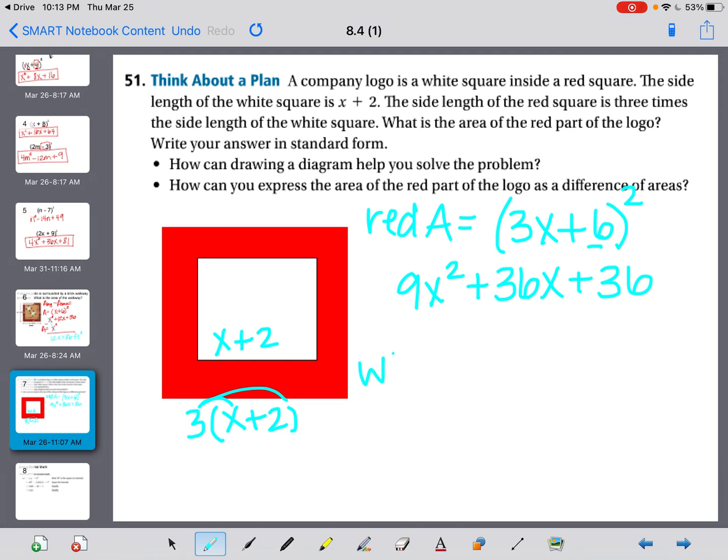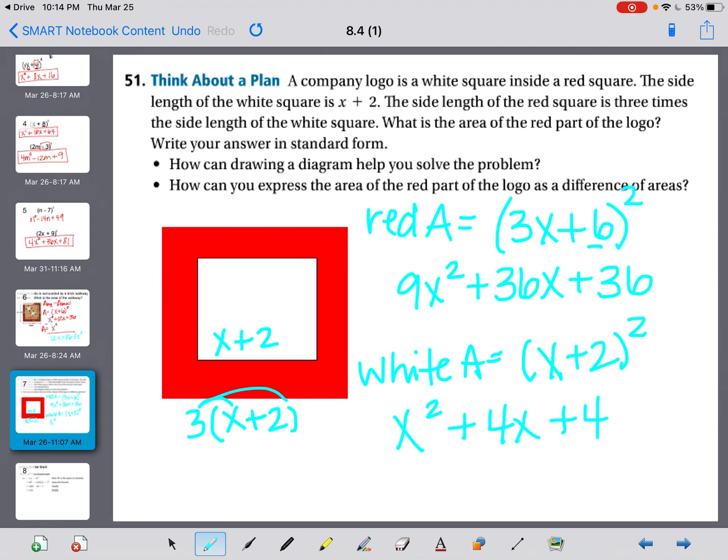Then the area of the white square is x plus 2 to the second power, which gives me x squared plus 4x plus 4. And now I need to subtract them to see what would be left if I took this white part away.